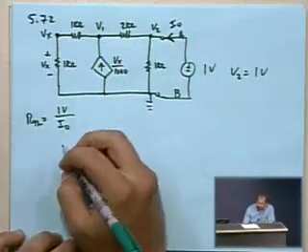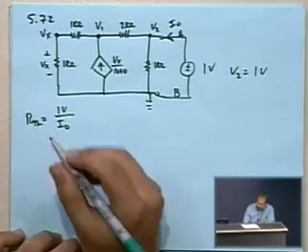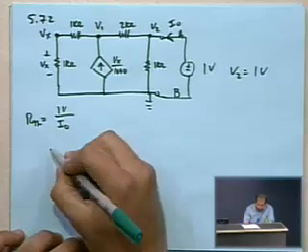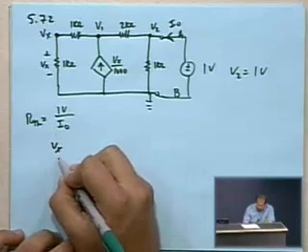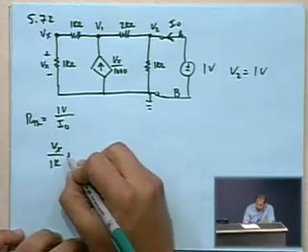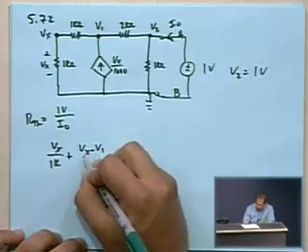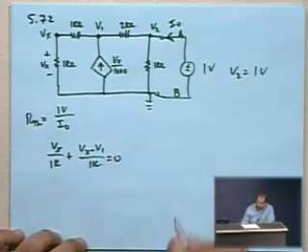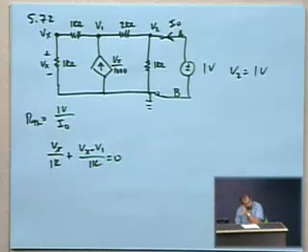At Vx, there's just the 2 branches, and it's really pretty straightforward that you have Vx over 1k plus Vx minus V1 over 1k equals 0. So that's the first equation there.